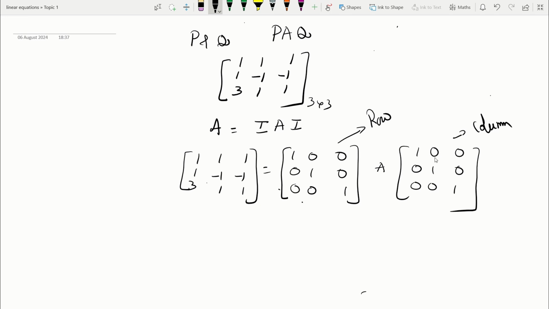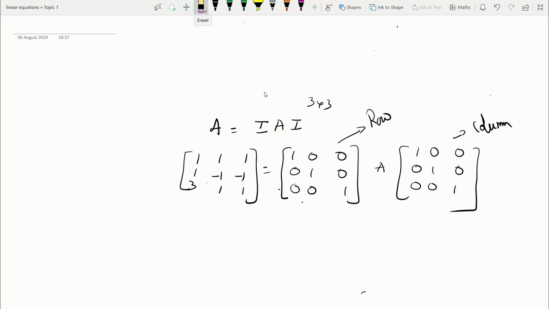Then the identity matrix here, which is a 3 by 3 matrix, is 1 0 0; 0 1 0; 0 0 1, and again on the other side 1 0 0; 0 1 0; 0 0 1.